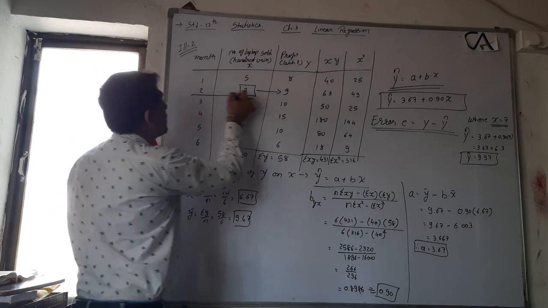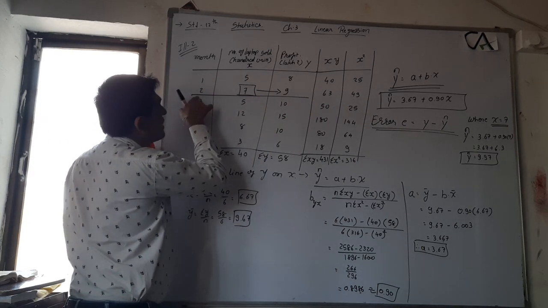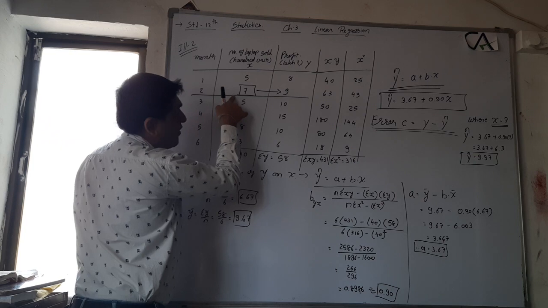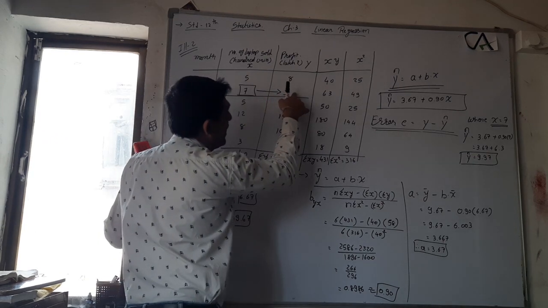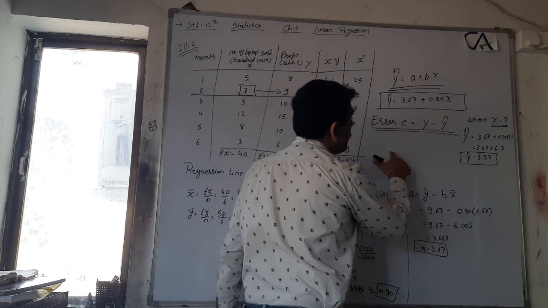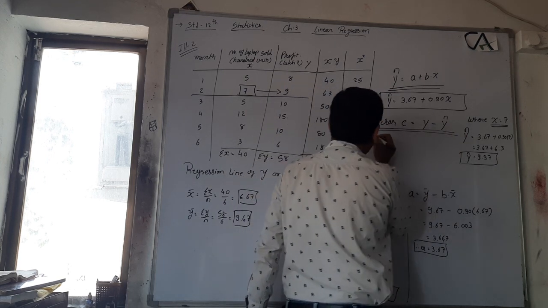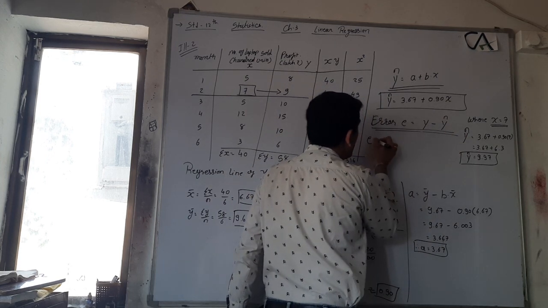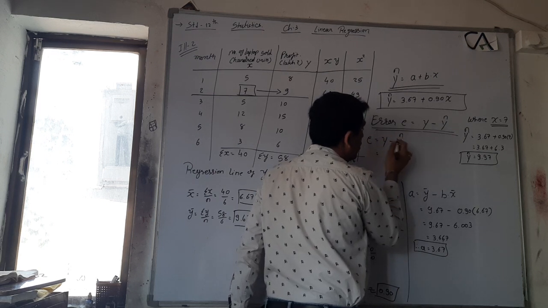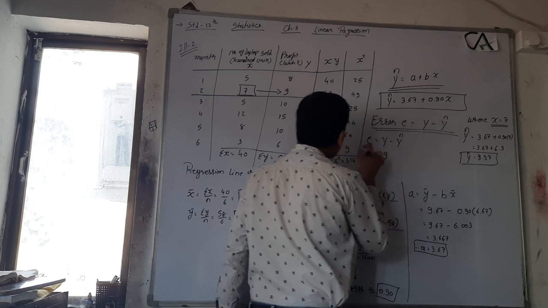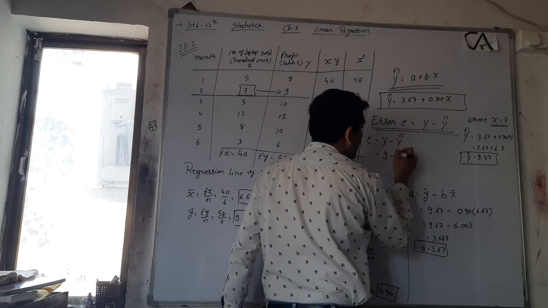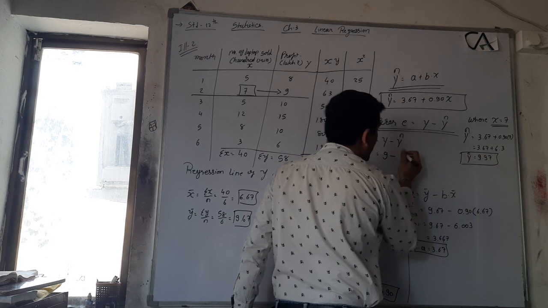Here in second month, number of laptops sold 700 units, total profit 9 lakh rupees. So if we have to find out the error, formula E is equal to y minus y cap, is equal to y is equal to 9, because we are taking 9 from this, minus y cap is equal to 9.97.